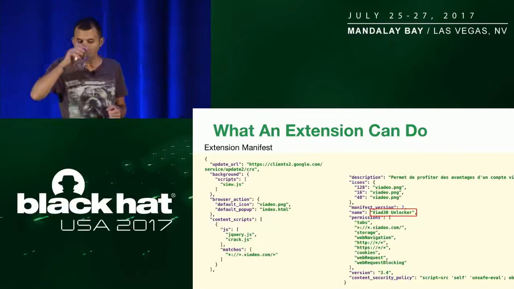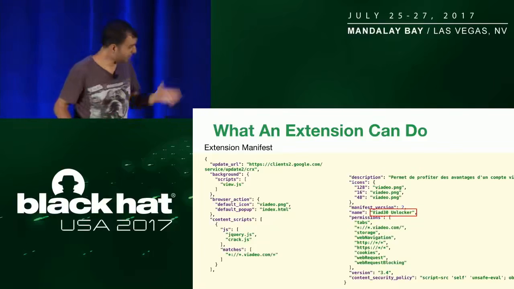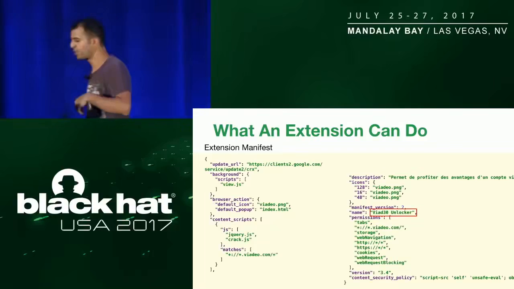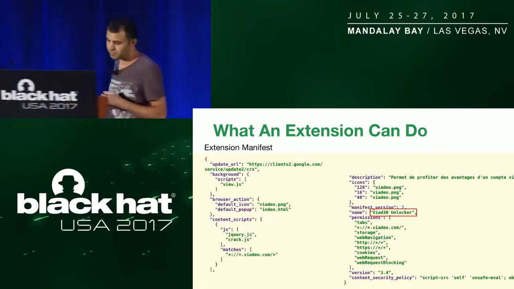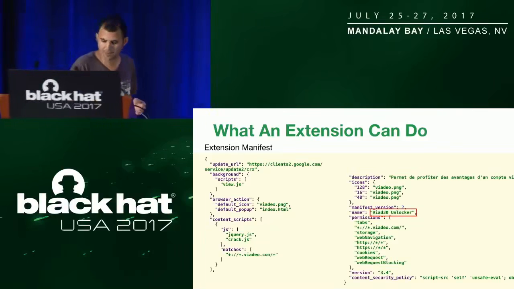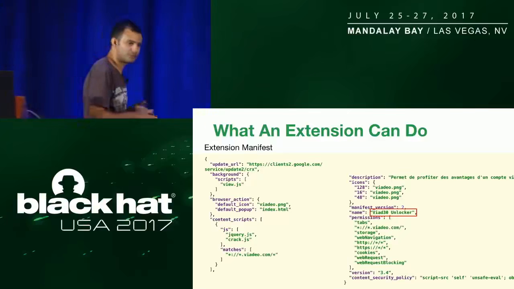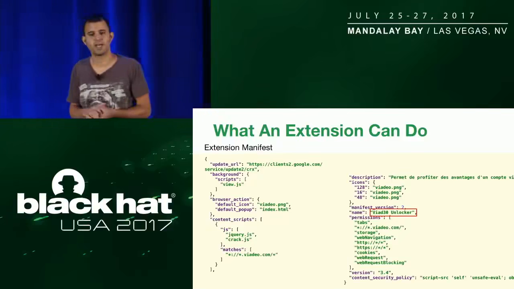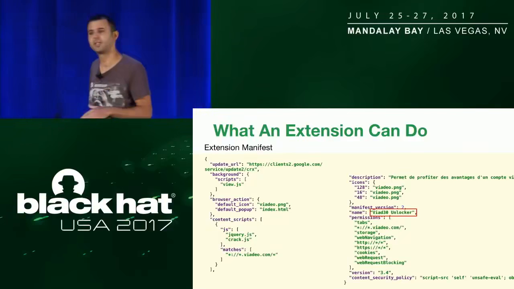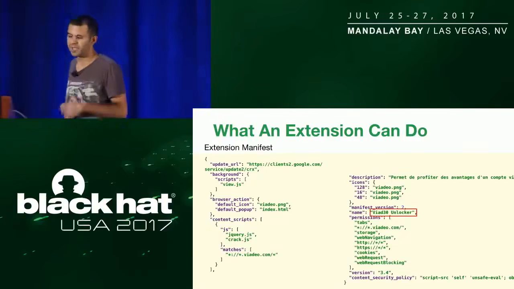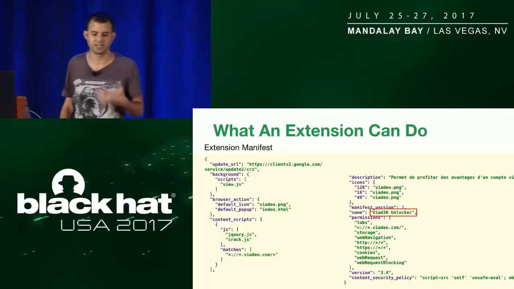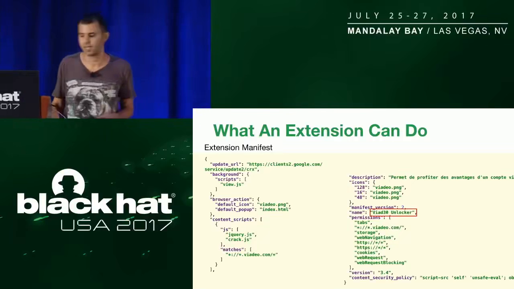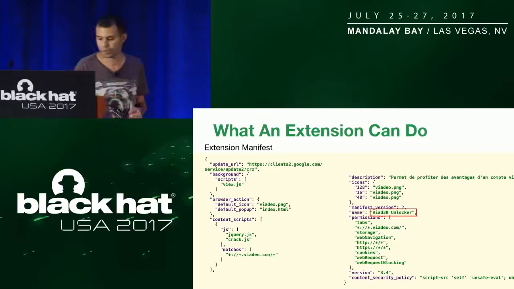In the red frame, you can see the name of the extension, Viad Unlocker. These attackers used the name of an already existing extension that was already in the store. I guess they figured out that it's easier that way to pass Google's screening process in the web store.